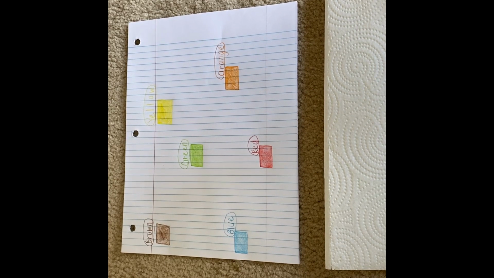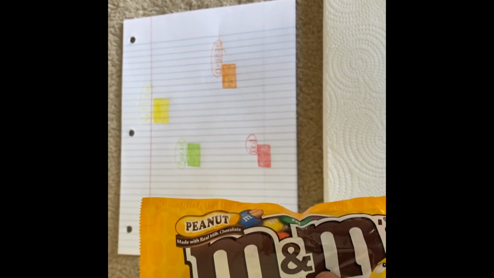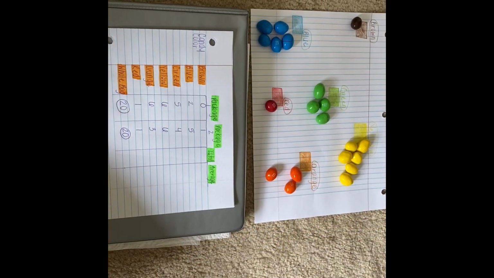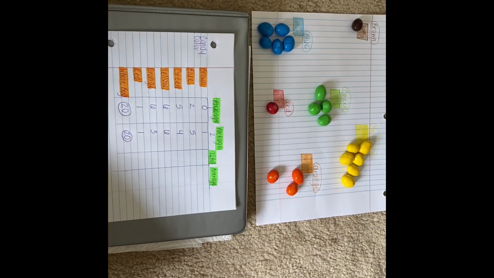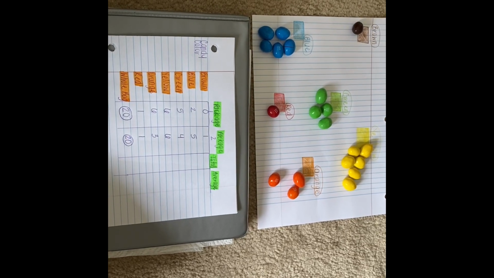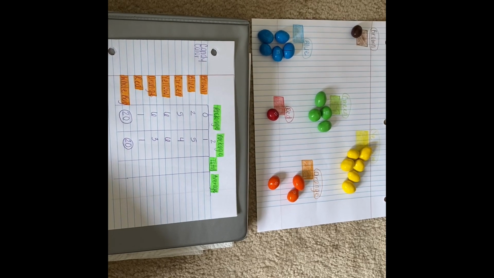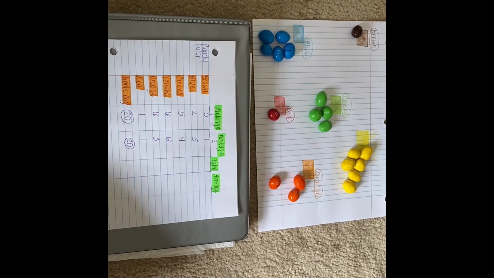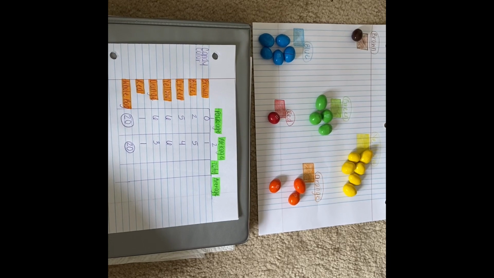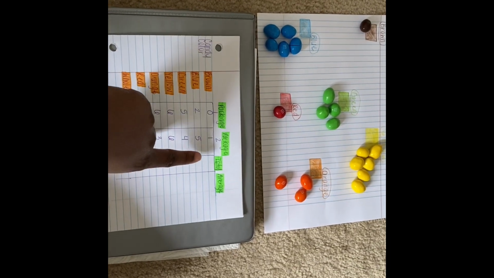Now that package one is done, we're going to go ahead and do the same exact process with package two. Okay, so these are the statistics or the numbers that we got for package two. So for package two, there was 1 brown, 4 green, 5 blue, 6 yellow, 3 orange, 1 red, totaling out to 20. Now we are actually going to total each number for the total side.